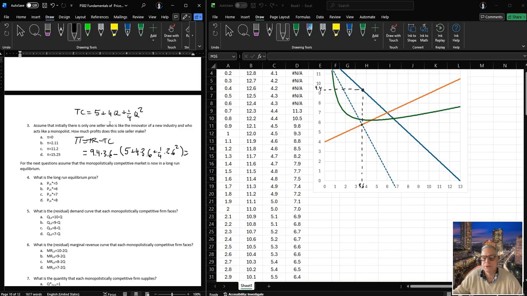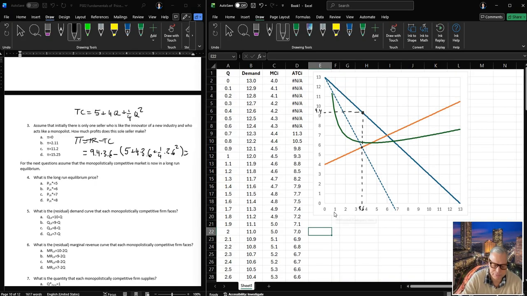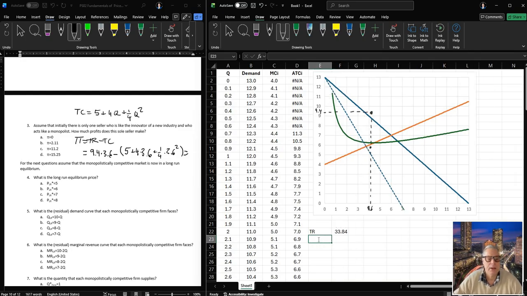Okay, what is this? Let's quickly calculate that here. So total revenue is equal to 9.4 times 3.6, and total cost is equal to 5 plus 4 times 3.6 plus 1/4 times 3.6 squared.